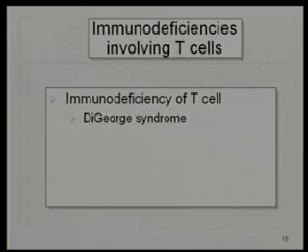But when there is a defect in T cells, if you remember from Dr. McKelliff's lectures, he pointed out that intracellular organisms that grow inside the cell are gotten rid of by immunity that depends very much on cell-mediated immunity, and that involves T cells.